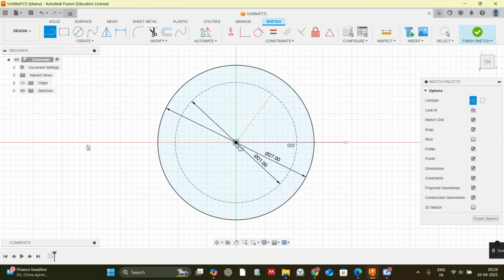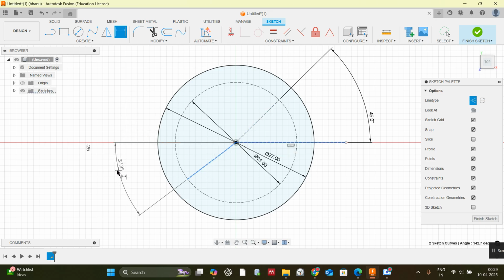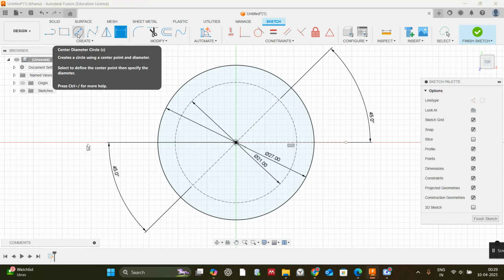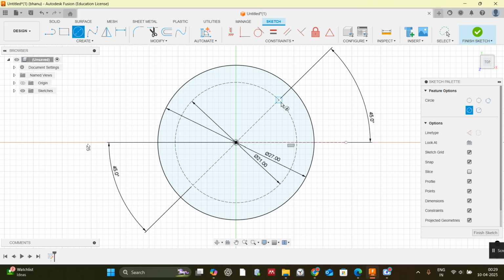This is fine. So the angle I'm going to put is 45 degrees, and this one to this one is also 45 degrees, since they are equal, and to make the construction. Let's move on creating another circle, smaller one.